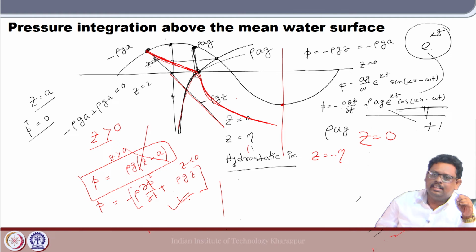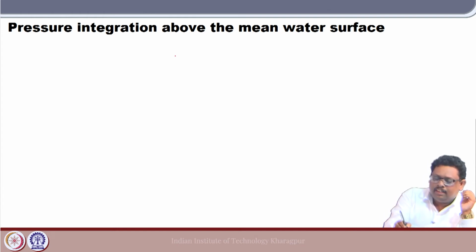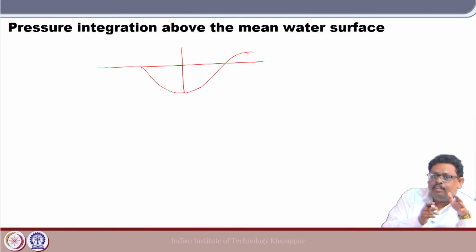When I say consistent at the crest, I mean that at the free surface the total pressure equals 0, and if you use the stretching algorithm, at this point also it is 0, which is not the case for hydrostatic. Let me discuss why. Now, if I draw the crest and consider the hydrostatic approach, since it is z less than 0, at z equal to 0 at the crest it is minus rho g a.